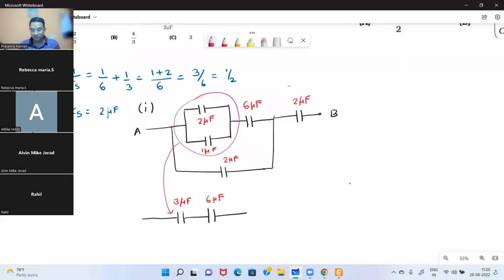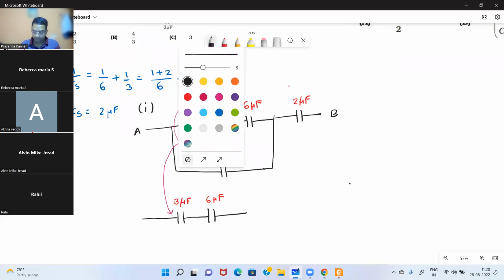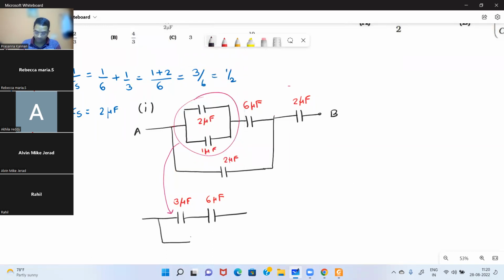Got it? We have got a 2 microfarad here. Then finally you have a 2 microfarad. So this is the next step, right? So this is A, this is B.